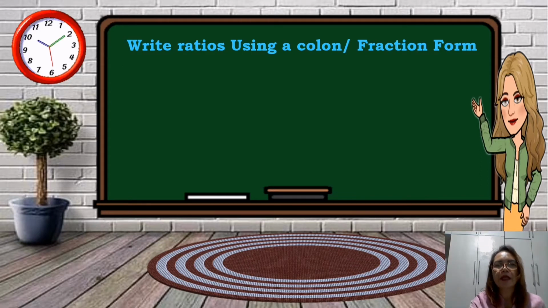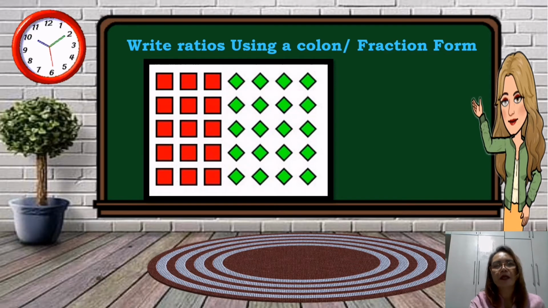Okay, example number 3, we have squares and diamonds. So we are going to compare the number of squares to the number of diamonds. So how many squares? We have 5, 10, 15 squares. And what about the diamonds? We have 5, 10, 15, 20 diamonds. So, 15 squares to 20 diamonds.